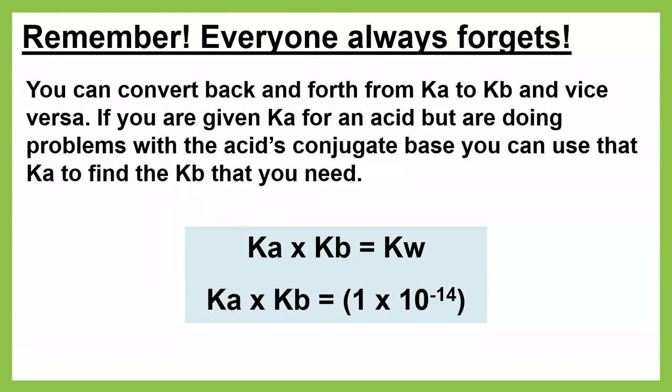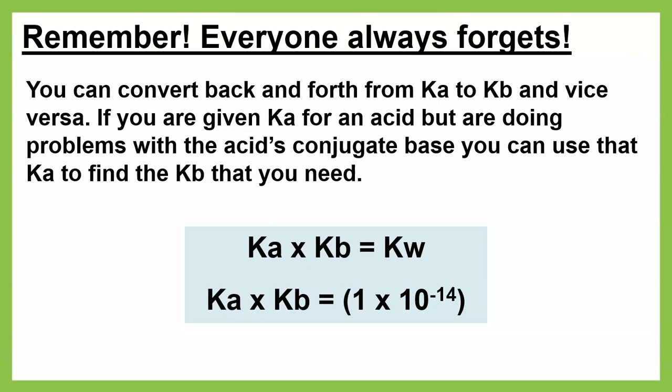Now, this is something that people tend to forget, and you can get real stuck if you don't remember this, okay? Remember that water can self-ionize, right? We saw that in our previous lesson. And so if you are given the Ka of something, but you need to know the Kb, and you're dealing with a set of conjugates, you can calculate it yourself using this fact.